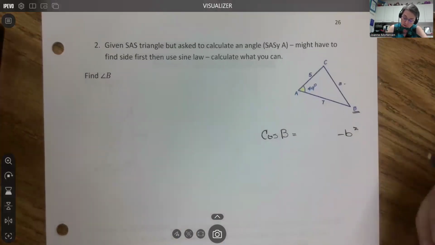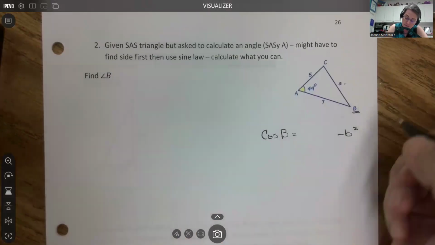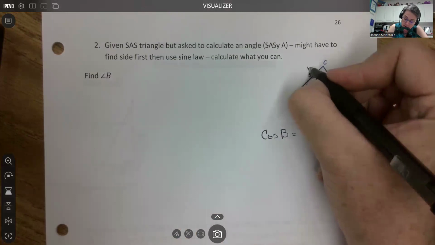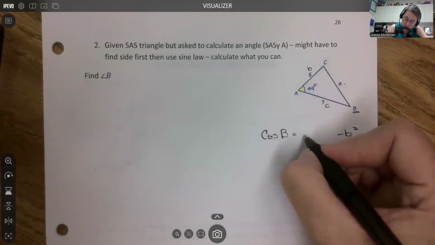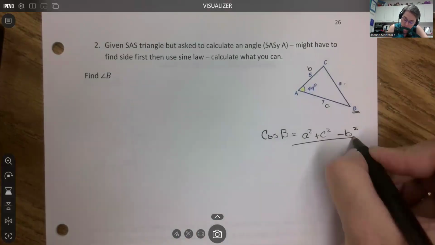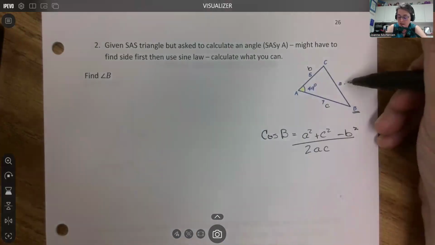Okay, so I'm finding angle B, so it's cos B. This is, oops, let's put C. There's A, and this is B, is A squared plus C squared minus B squared over 2AC. Do I know A? I do not know A.